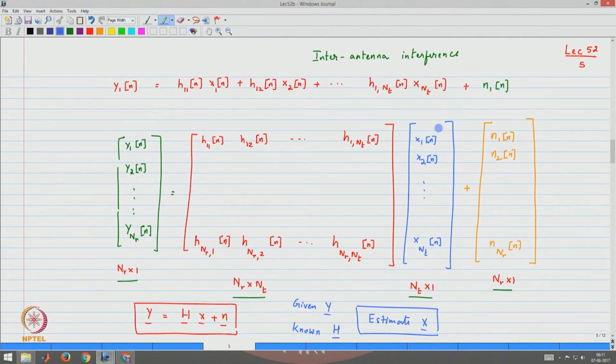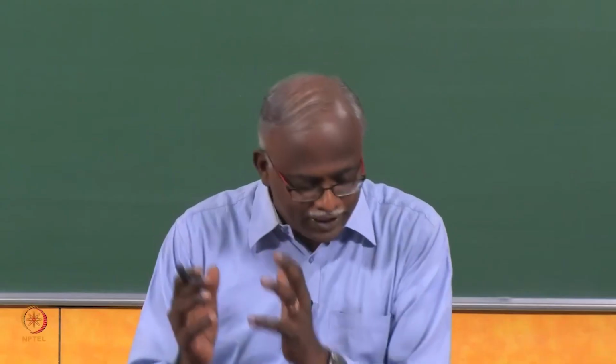x1 of n. So, in fact, we can make a better and more robust decision regarding x1 of n, while at the same time being able to make robust decisions on each of the different transmitted signals. So, that is the strength of a MIMO system. We are able to control or manage the interference such that we are able to make better decisions, or in other words, we are able to get additional performance because of the diversity benefit of the multiple antennas.